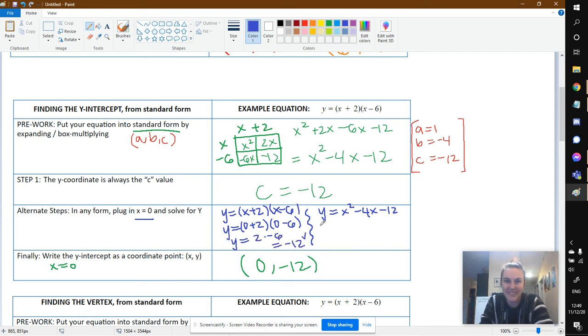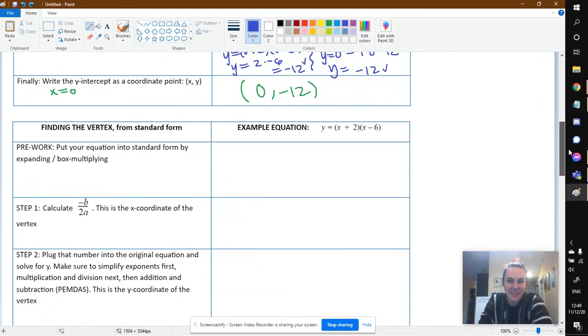So same thing so far. And then over here, if we had plugged in 0, we would have gotten 0 minus 0 minus 12, which also would have given us negative 12. I'm a fan of this way, but you do what you want.